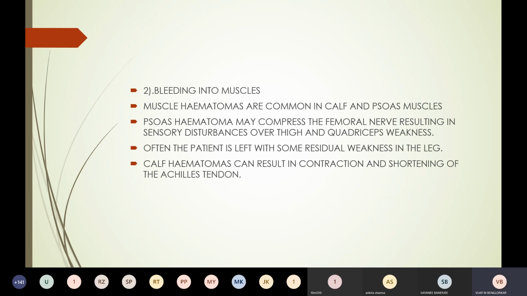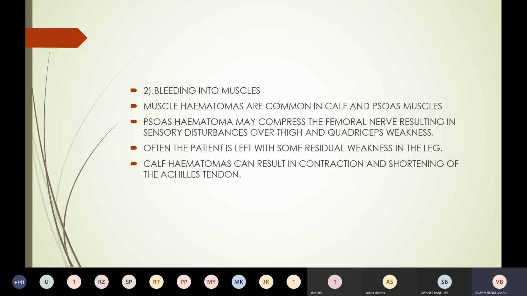So this is bleeding into muscles. Second is muscle bleed. So muscles commonly involved are the calf muscles and psoas muscles. Psoas hematoma. So the psoas muscle, which is seen in the abdomen, may compress the femoral nerve, resulting in sensory disturbances over the thigh and weakness of the surrounding muscles, that is the quadriceps.